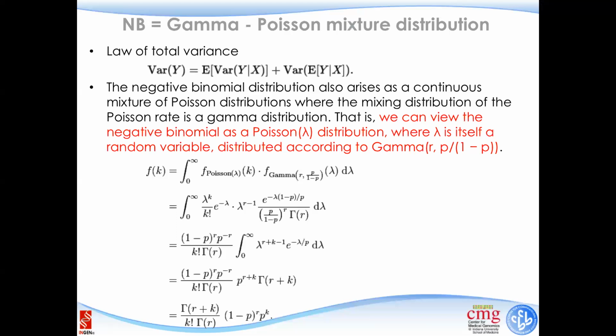So the key point I hope you get is that when lambda can be varied, with lambda having a variance, the final variance of the Poisson distribution of our read counts will be increased.